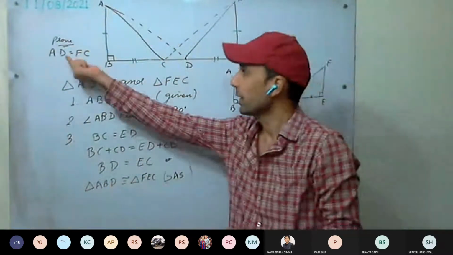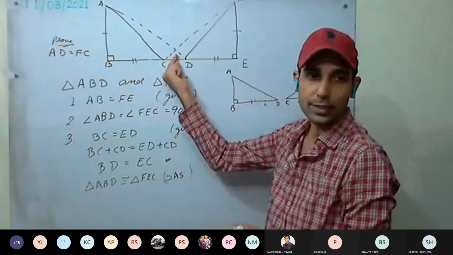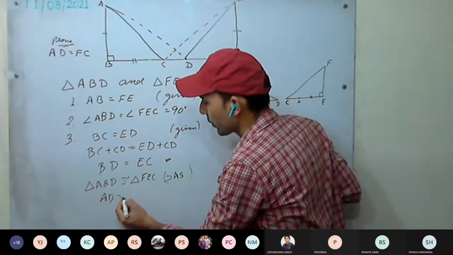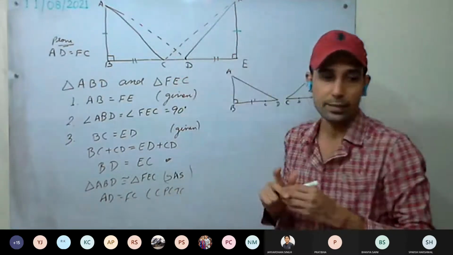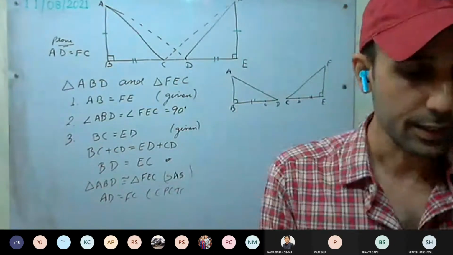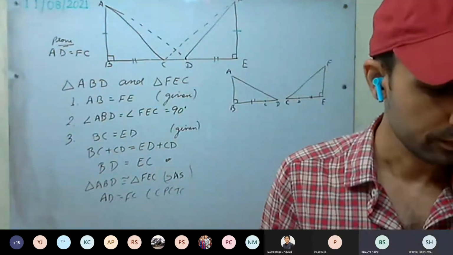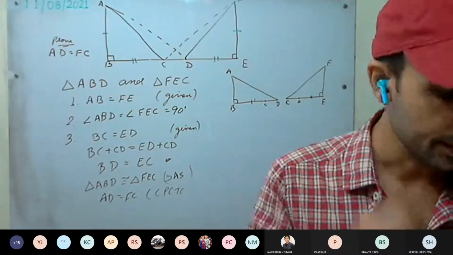What we have to prove is AD equal to FC. So AD and FC are corresponding sides, they will be equal. So AD equal to FC by CPCTC. Is this clear? Yes, sir. Okay, try the 19th now.